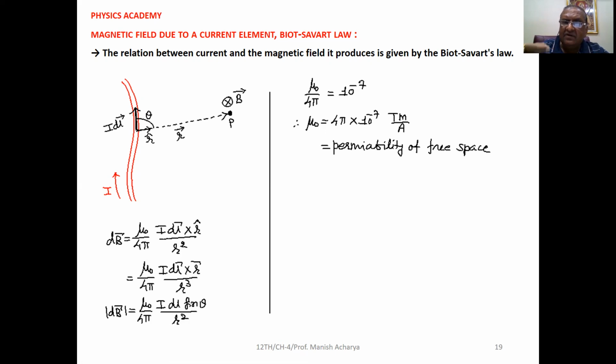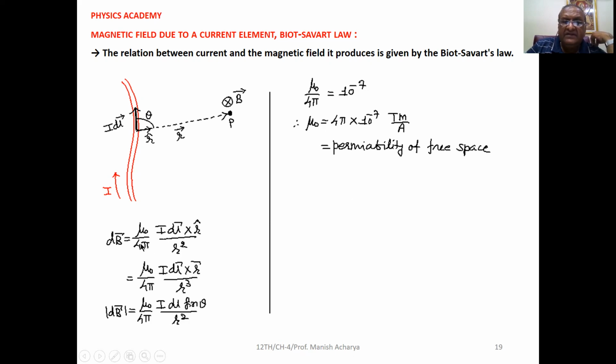It is the measure of the response to the magnetic field by the free space, just like the constant we discussed in electrostatics, the permittivity of free space. Like that, this is the constant here in the magnetic field, the permeability of free space. So in magnetism, we use this constant.